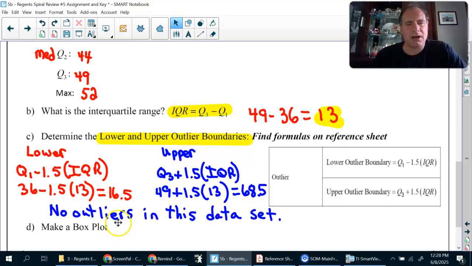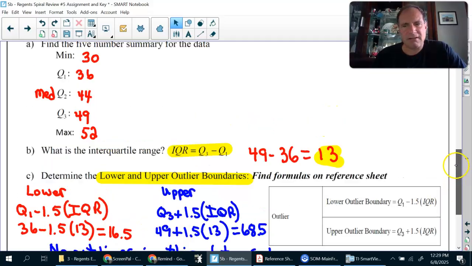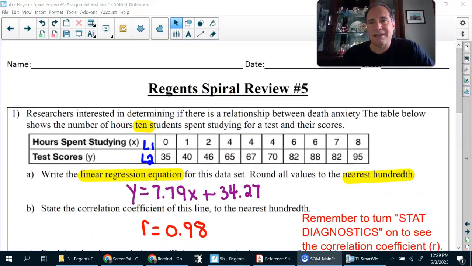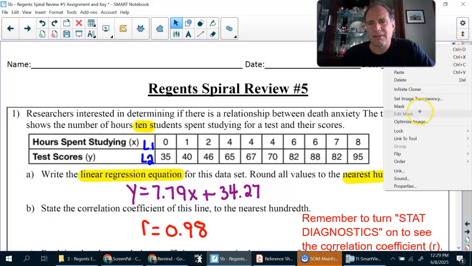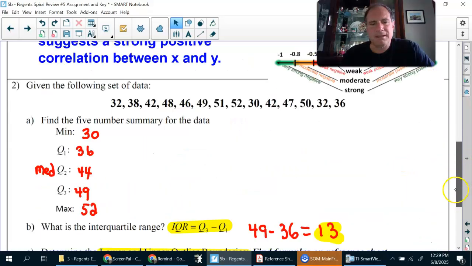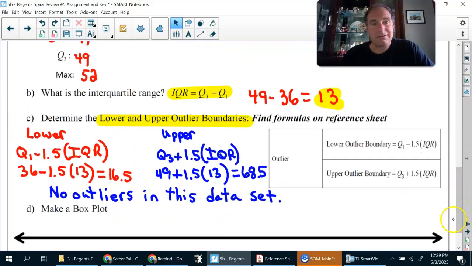Now we don't have to worry about guessing. We're proving that they're outliers using these formulas.